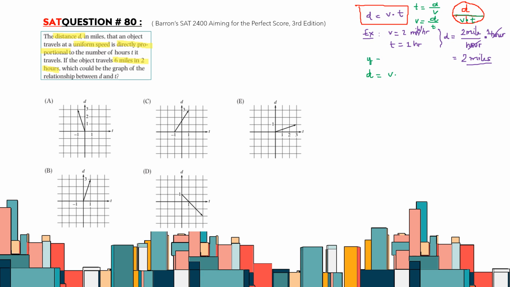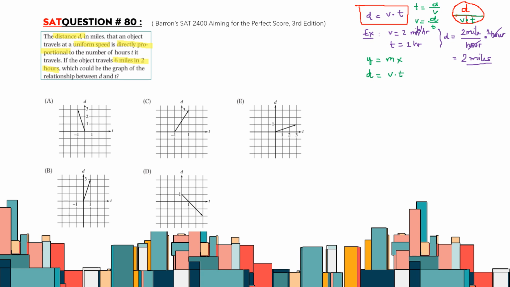This is the same thing as y equals mx, where y is the same as D, and x is the same as t. x and t are called the independent variable, and y and d are called the dependent variable. y depends on x, d depends on t.